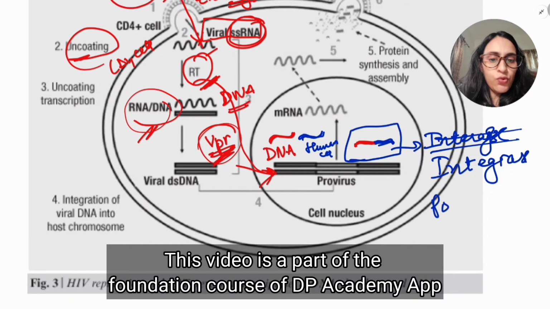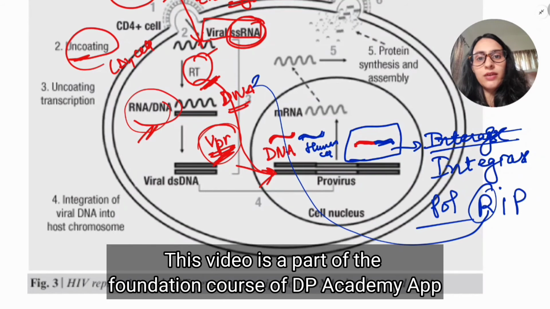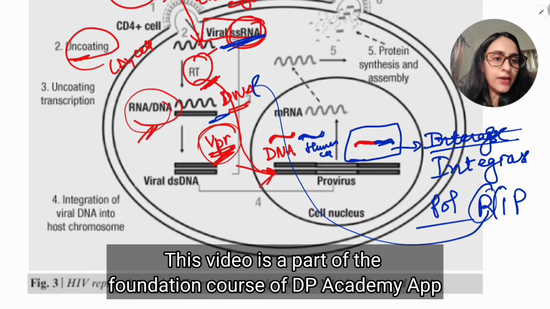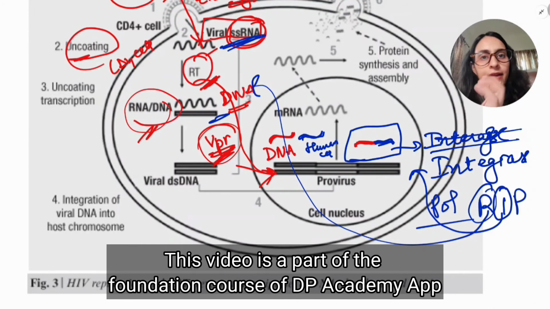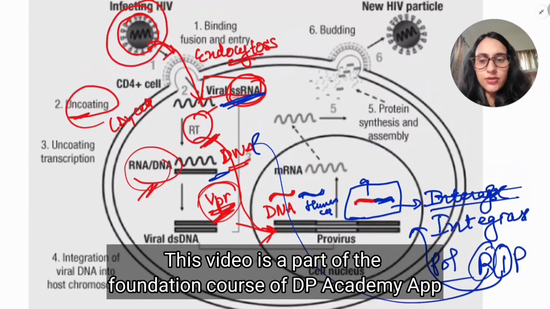And if you remember the pol gene, we have RIP. First one is reverse transcriptase, which converts RNA into DNA. Second one is this integrase enzyme, which integrates the viral DNA into the human DNA. Both are integrated, as the name suggests. Integrate means combined. Now that we have a new DNA, transcription occurs from this DNA.